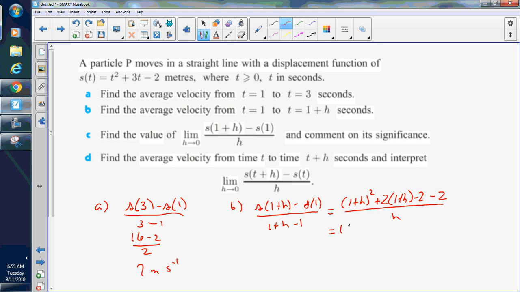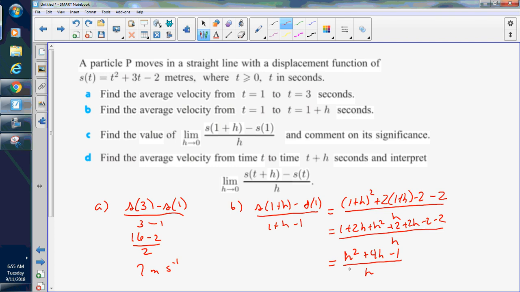So we have 1 plus 2h plus h squared plus 3 plus 3h minus 2, minus 2, all of this over h. And that's going to give us h squared plus 5h over h. So that's what our average velocity would be between any two particular times.